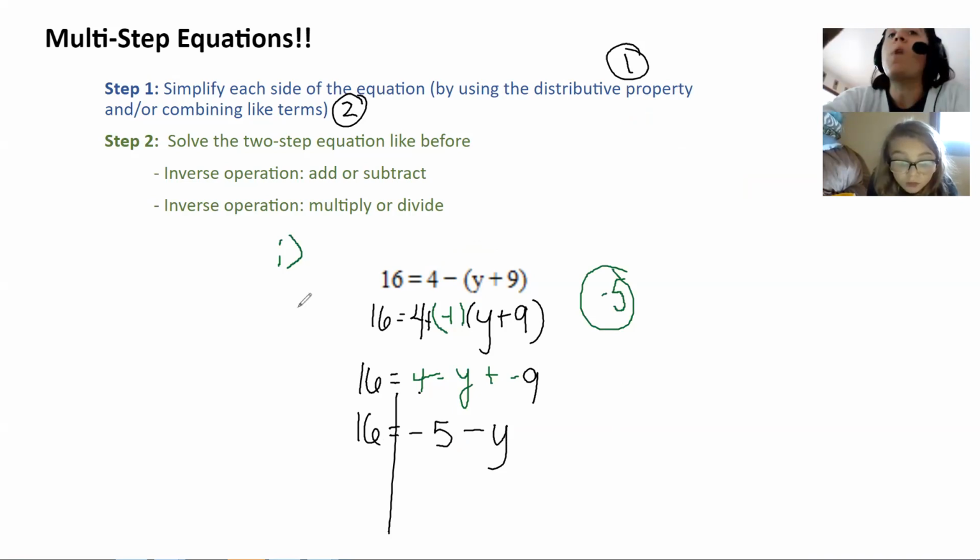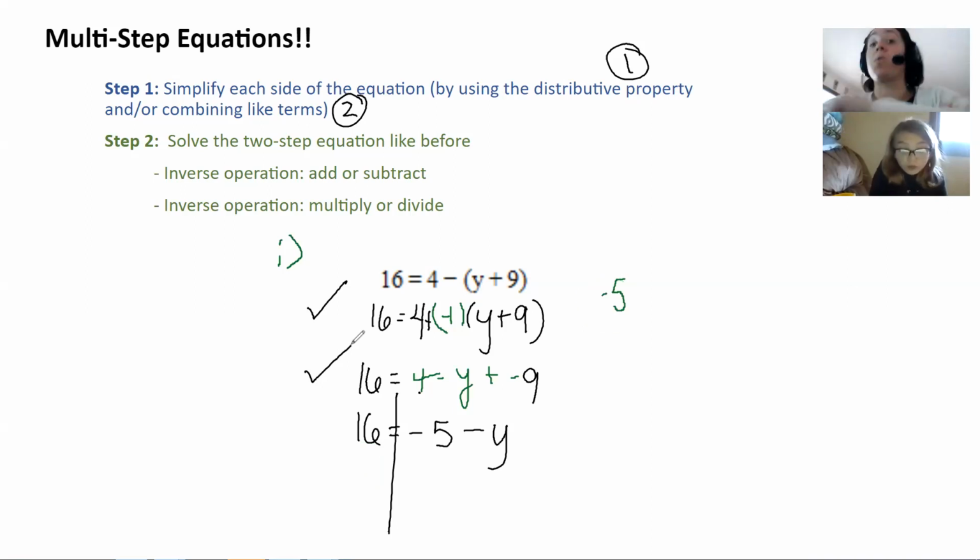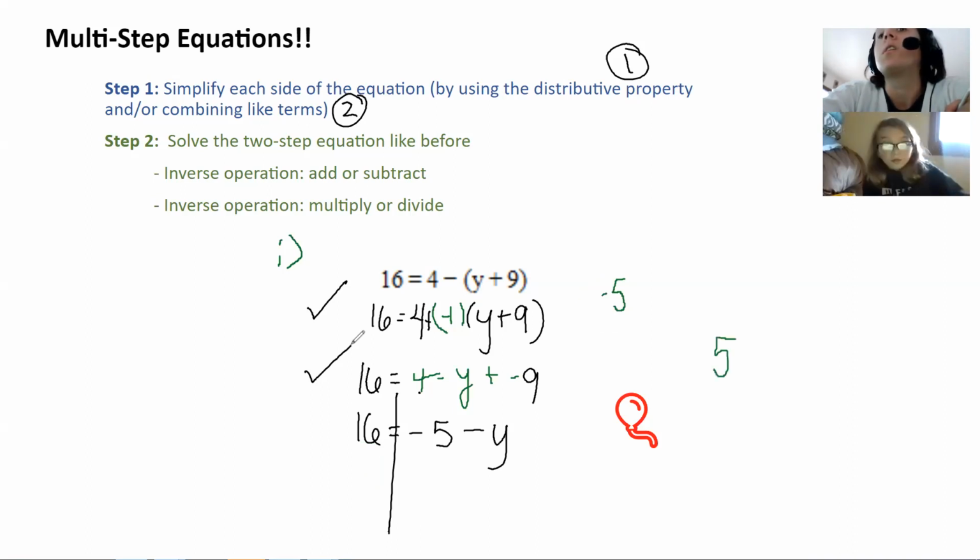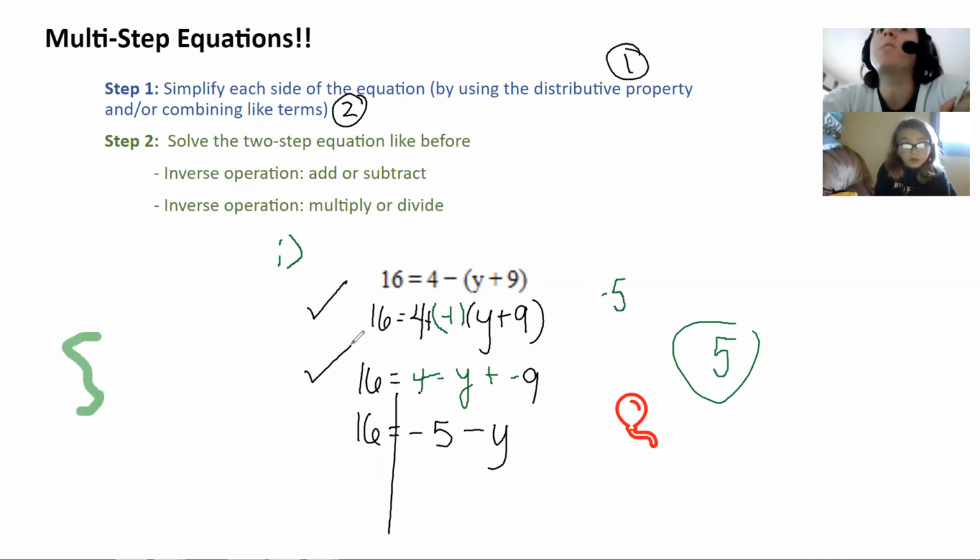So we did step 1, distributive property. Step 2, we combined like terms. Now we're going to solve our two-step equation. No, we don't want to divide by 5. You're right. We got to get rid of that -5, though. What's the opposite of subtracting 5?